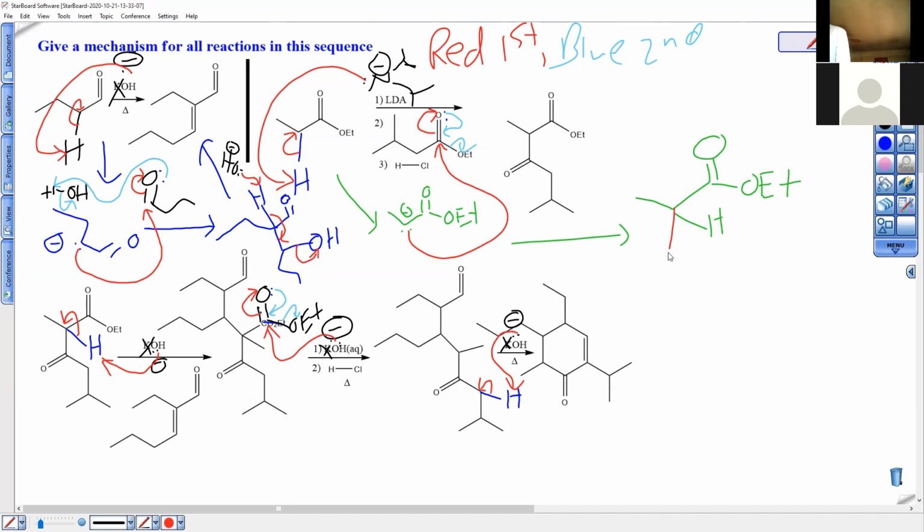Got a new bond. And it's to a carbonyl that no longer has its leaving group. And you think you're done on that one, and you are not. You generated a OEt minus. Grabs that H.